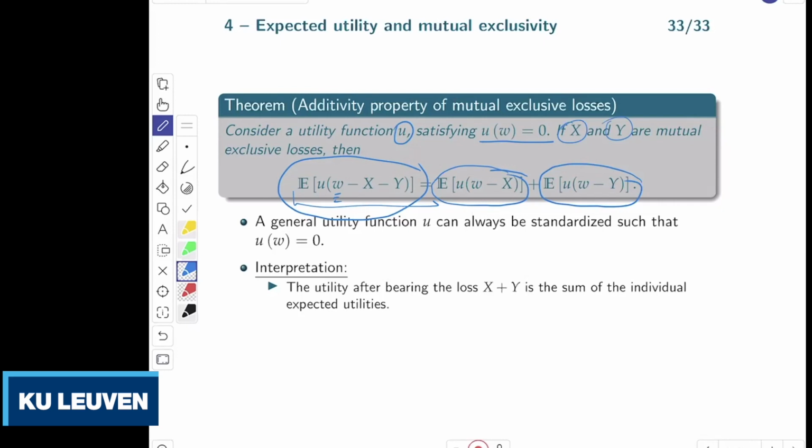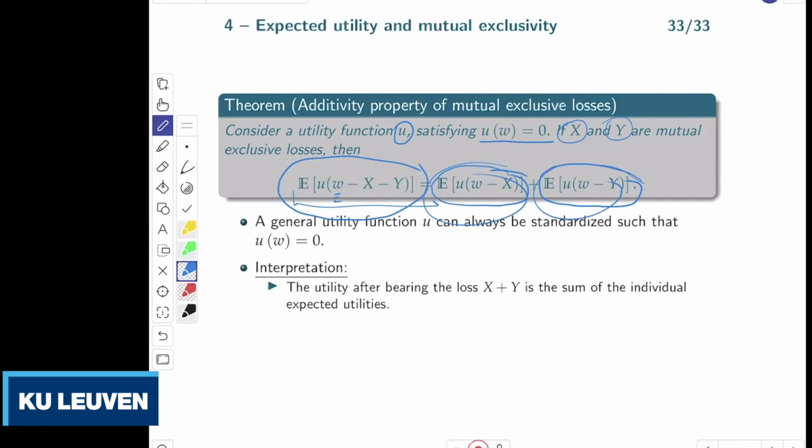So I can calculate this one using the CDF of X, and the other using the CDF of Y. So if I have the CDF of X and the CDF of Y, I can calculate the right-hand side, but I cannot calculate the left-hand side directly.